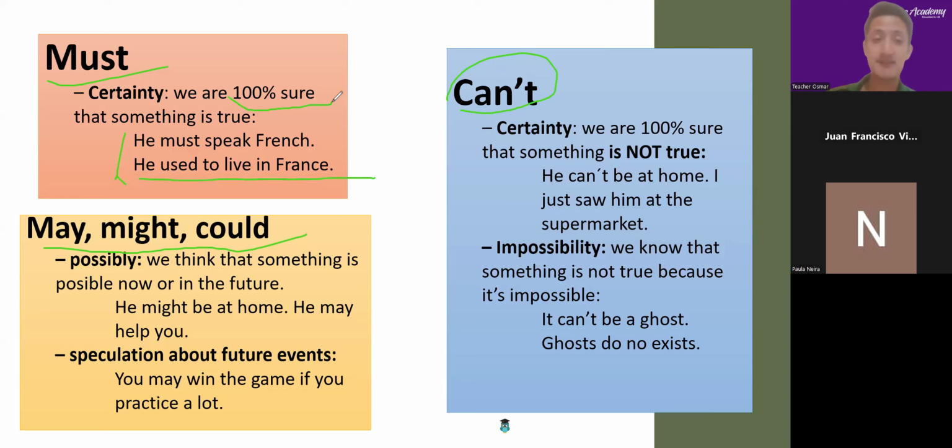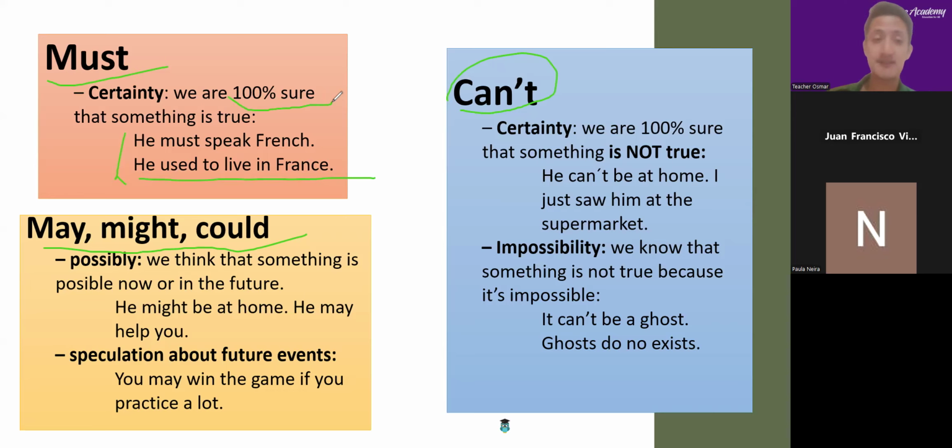May, might, could. Podemos usarlas cuando hablamos de speculations intercambiadamente, okay? May, might, or could. The translation, as I told you, is a possibility. 50% sure, 50% not sure. Okay?